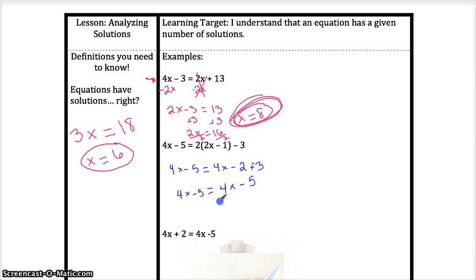So let's subtract 4x from both sides. 4x take away 4x is 0x, on both sides. So now we have negative 5 equals negative 5. Can we do anything else with this? No, we don't have any more variables, so this is your answer, kind of.